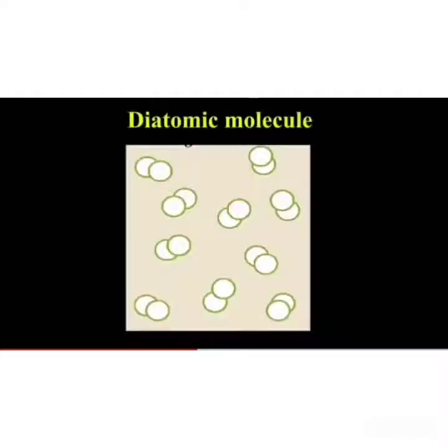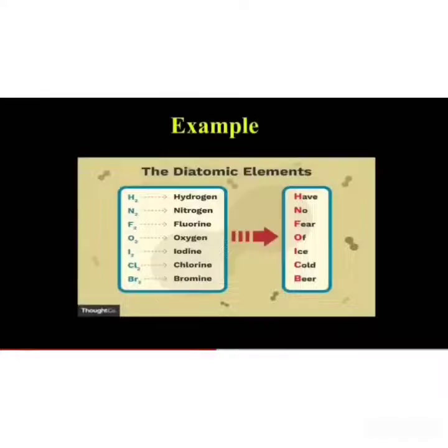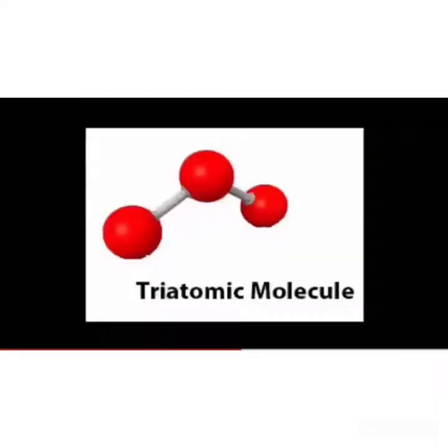There are some molecules which are made from two atoms. These are called diatomic molecules. Examples: oxygen gas, hydrogen gas, nitrogen gas, chlorine gas. When a molecule contains three atoms, it is called a triatomic molecule.